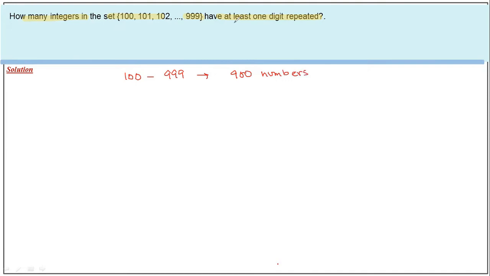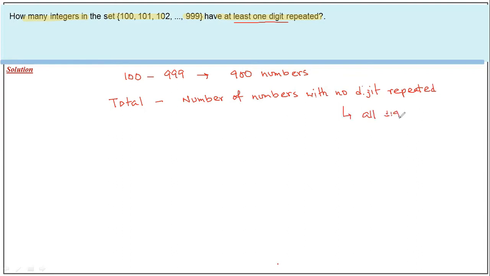So to find out at least one digit repeated, we can do total minus number of numbers with no digit repeated. So in other words, it means that all digits are distinct.